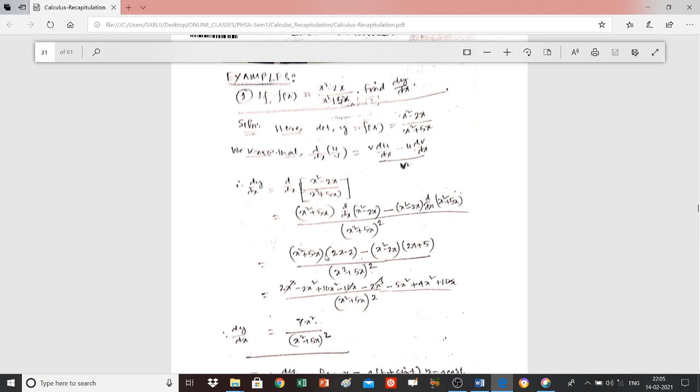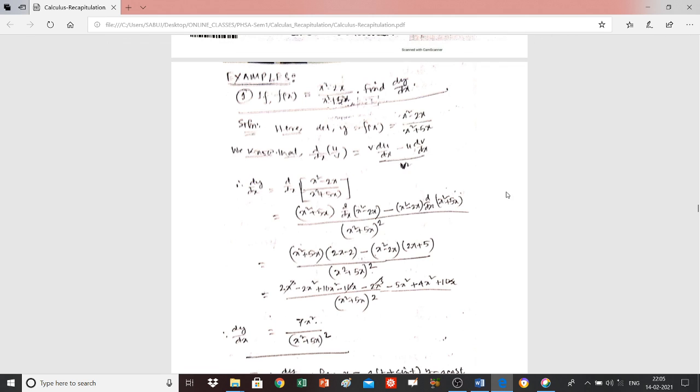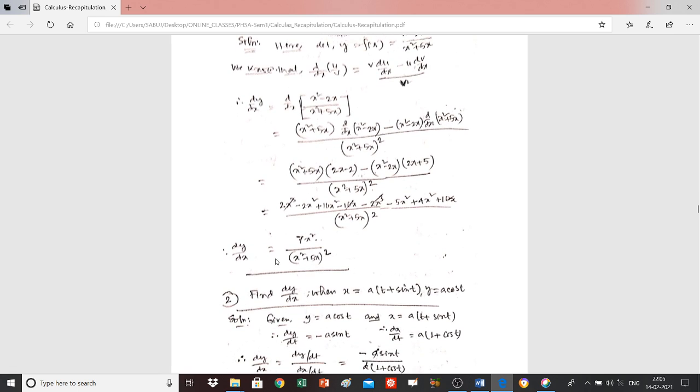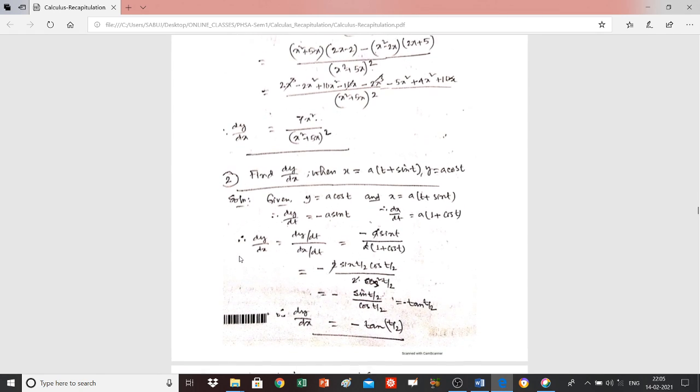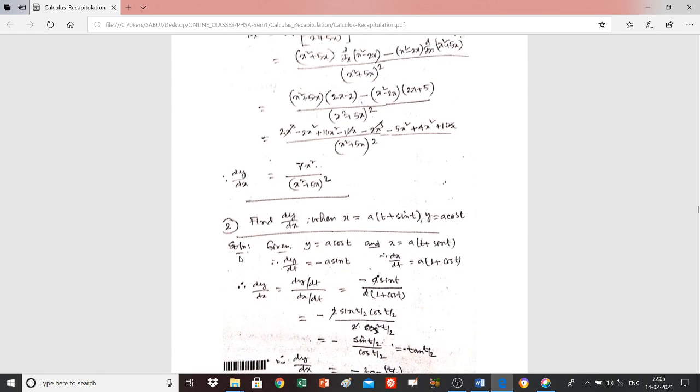This is the simplification, and after simplification you finally get dy by dx is equal to 7x square by (x square plus 5) whole square. This is the required value of the differentiation of y with respect to x. Another problem is here. You need to go through these steps and calculate yourself, and then compare with these calculations.